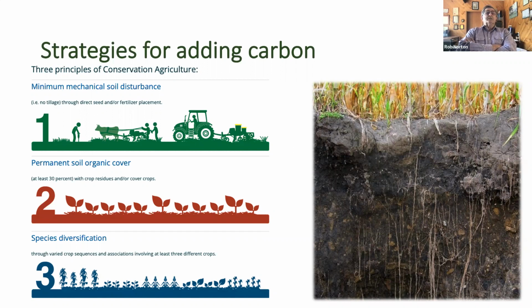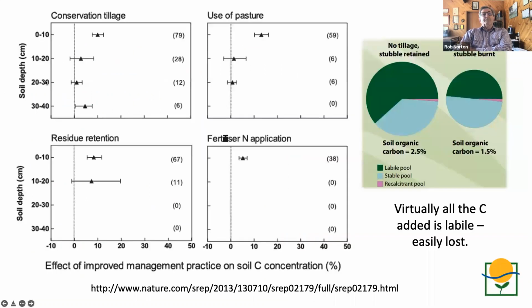So those become the standard strategies that we would think about, and they're the three core principles of conservation agriculture anyway. The consequence of following those is that they will put carbon into the soil, but the rate at which it puts it in is not that quick. This is an example of some work that one of my colleagues at Melbourne University did.